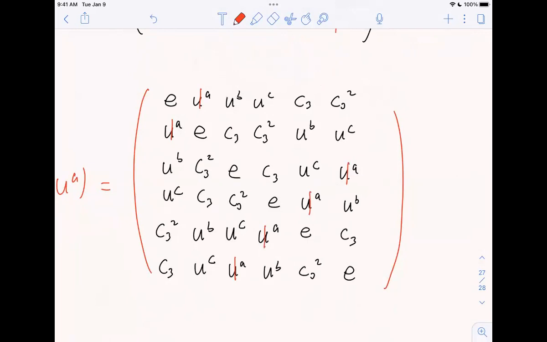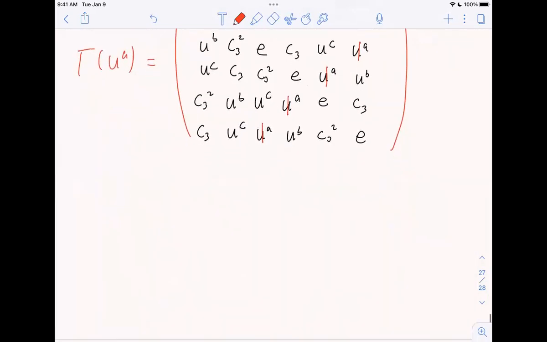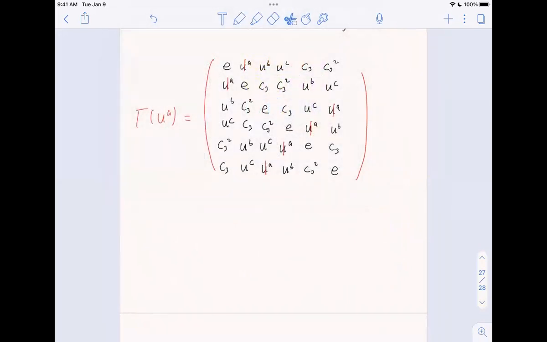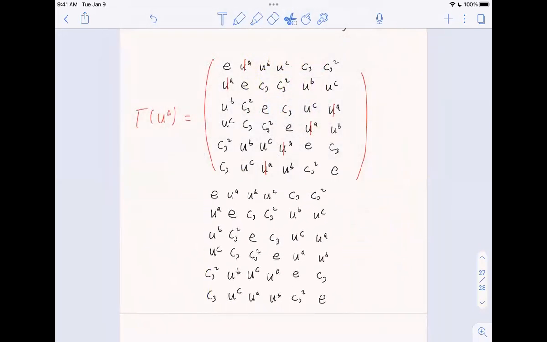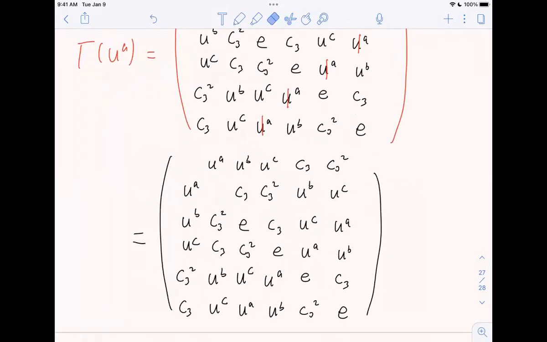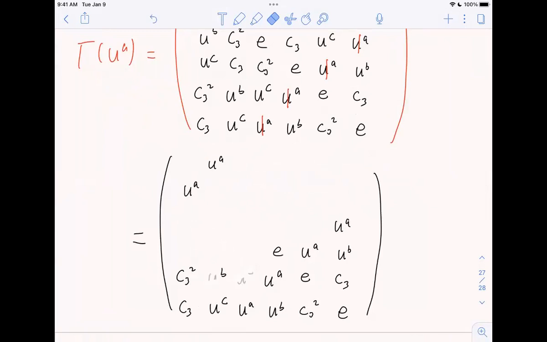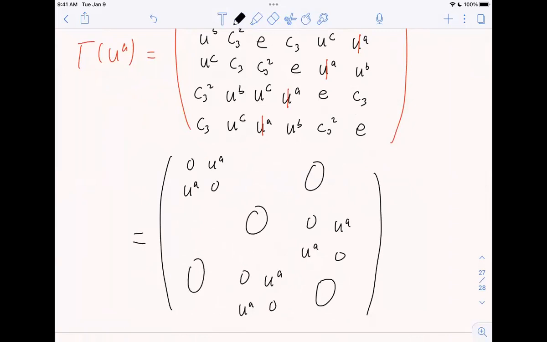So you get a matrix like this. Remove all of them, so you get 0, 0, 0, 0, 0. All of them are 0. You get the idea.